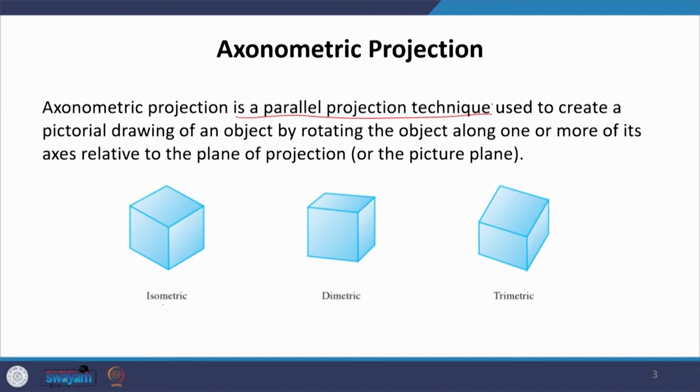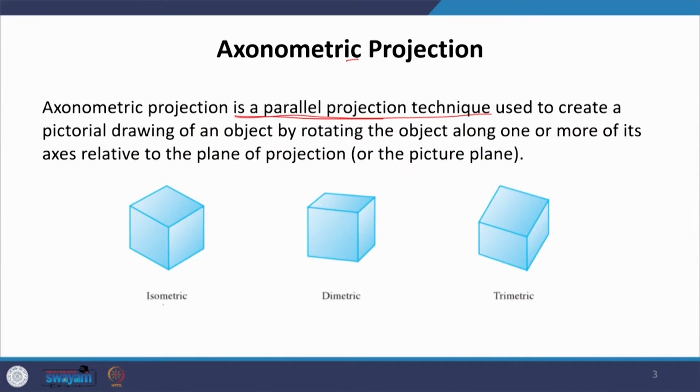So, isometric is a type of axonometric. Axonometric is a parallel projection technique which is used to create a pictorial drawing, a 3D drawing of an object. Through orthographic, we were only looking at one of the faces of it, one plane of it which was parallel to one of the reference planes. But here we are viewing it at a certain angle from the reference planes and we are looking at this object in 3D.